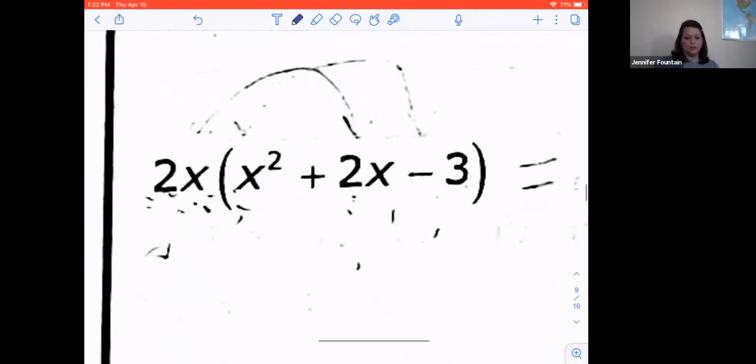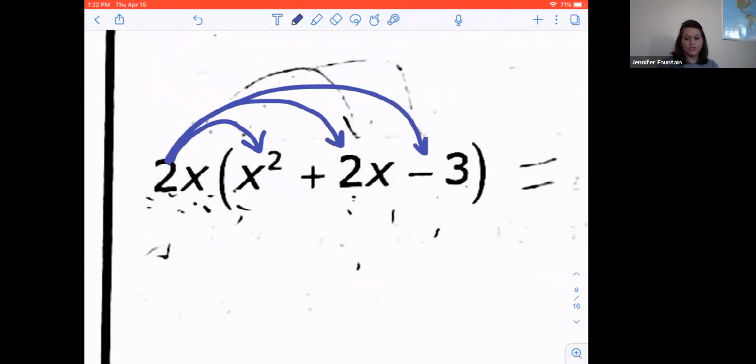Let's look at the next one. Now the next one, I can see I've got a trinomial. So I have to multiply 2x times x squared, 2x times 2x, and 2x times a negative 3. So what is 2x times x squared?